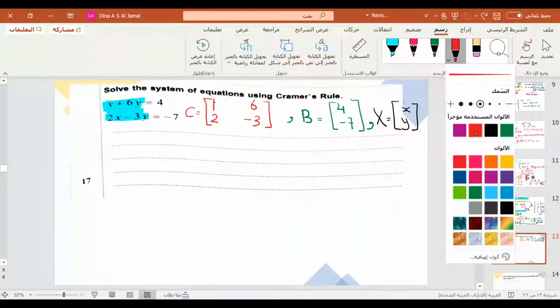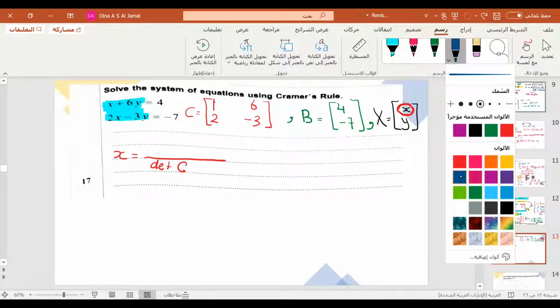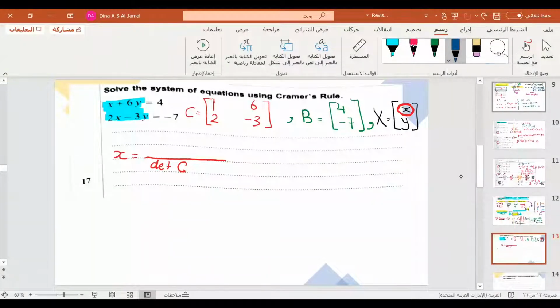Because x is our first variable, that means in Cramer's rule, you will be putting your value of x as numerator over denominator. And your denominator will be the determinant of the coefficient matrix. But your numerator will be another determinant that you need to find.